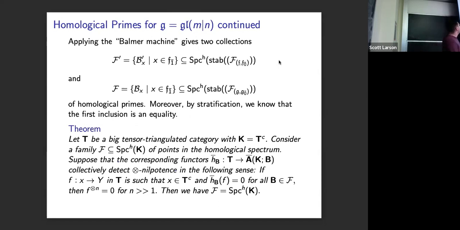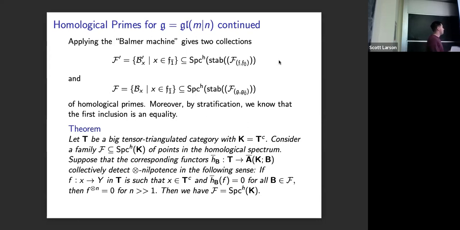So we get two collections. I call this F prime those homological primes that we get by restricting from F, and then F without a prime is those homological primes that we get by restricting from G. So you can look at both situations.